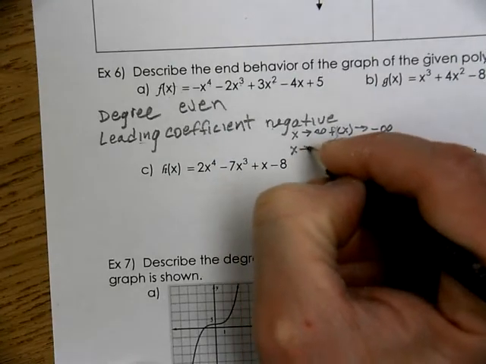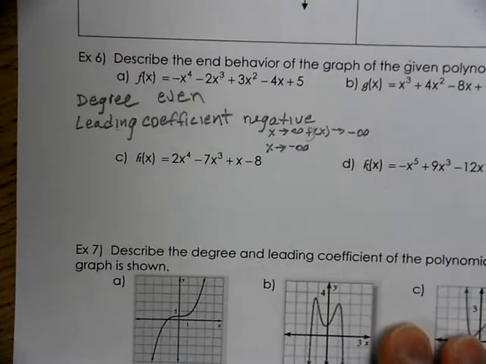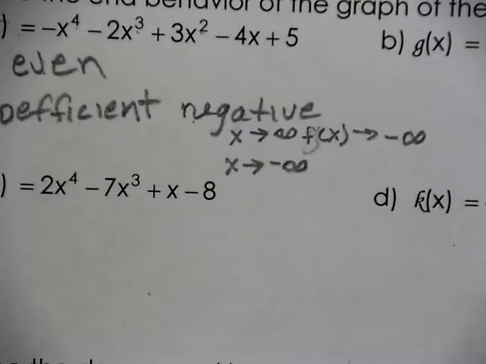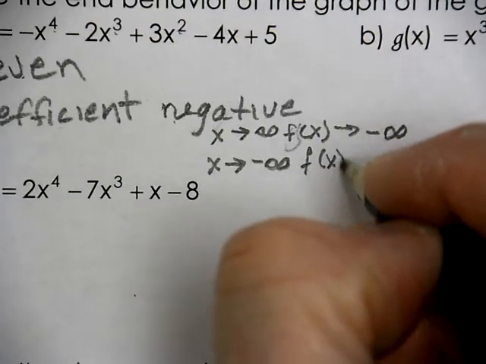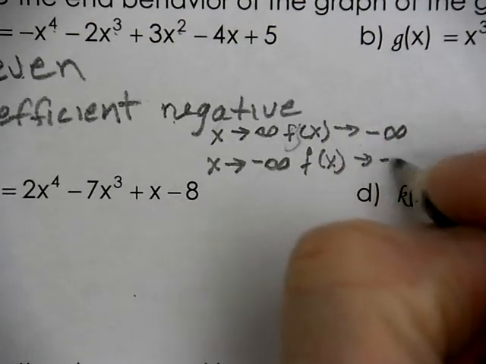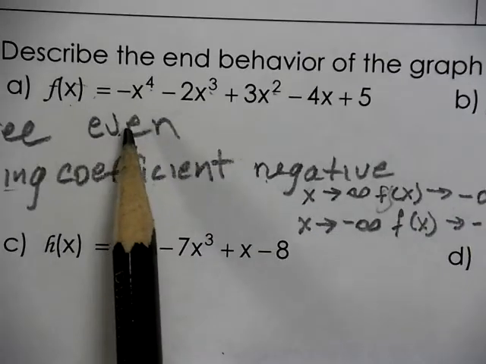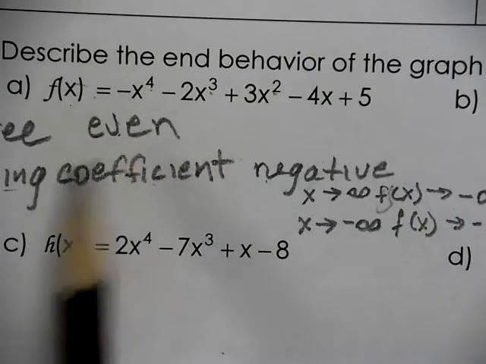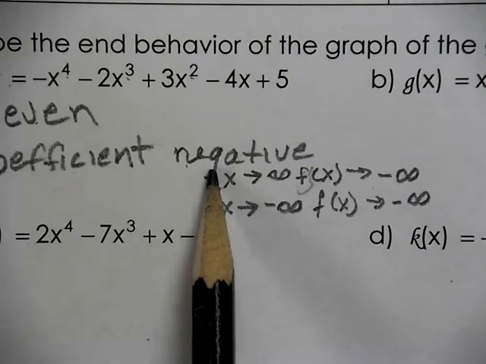And as x approaches negative infinity, the function will also be going down, because an even degree tells you you're going in the same direction, and the leading coefficient tells you that you'll be going down as you move to the right.